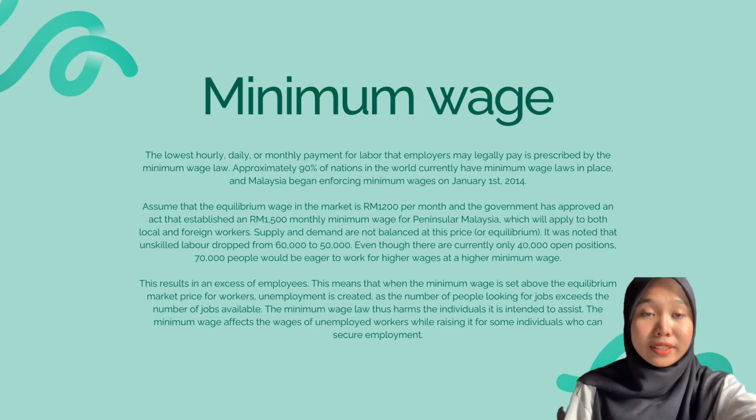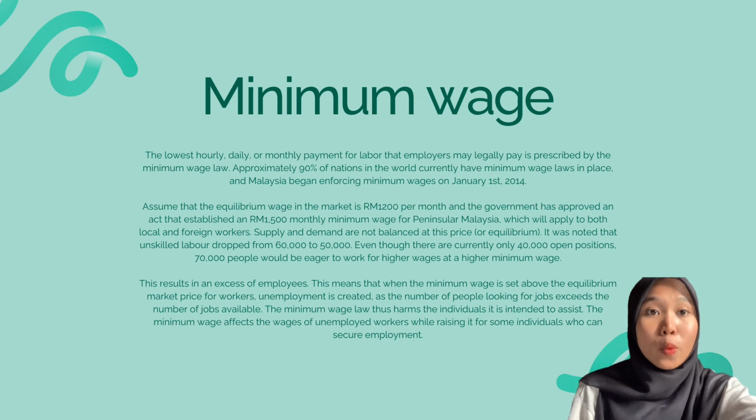Today, I want to present about the introduction. Minimum wage law dictates the lowest legal payment for labor, with about 19% of nations having such laws. Malaysia enforced a minimum wage in 2014, setting it at RM1,500 per month, higher than the market equilibrium of RM1,200.